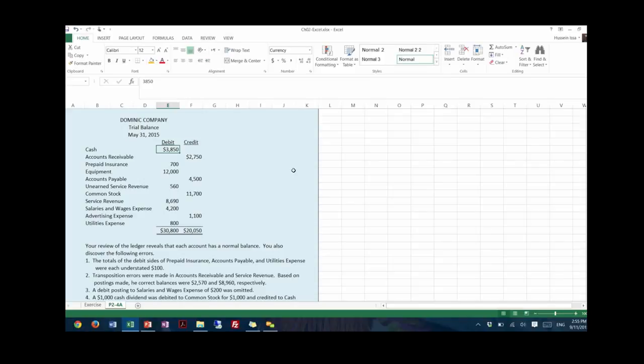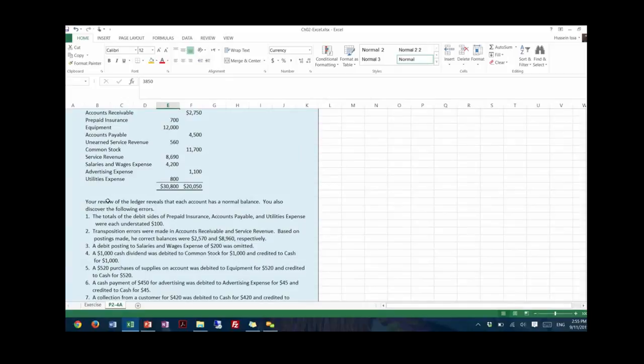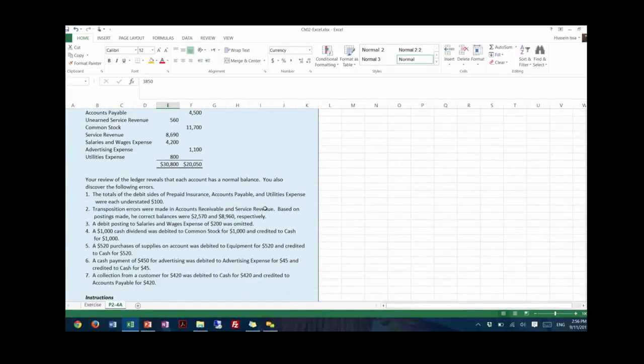Let's read here a little bit. Here, for example, you review the ledger and it reveals certain errors. For example, the totals of debit side for prepaid insurance, accounts payable, and utilities expense were each understated by 100.